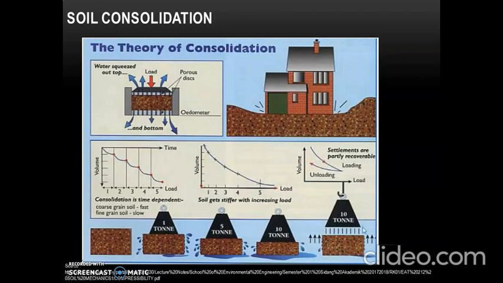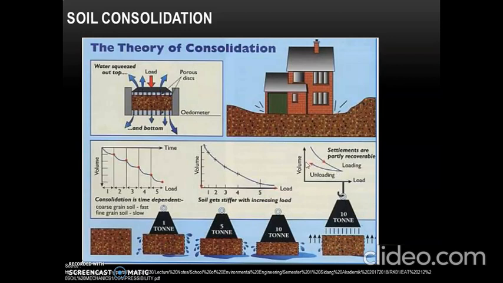And in this last figure, we can see that the load is removed. With the removal of the load, the soil has regained its original volume, or it has regained some portion of its volume. So during unloading, the volume of the soil mass increases.